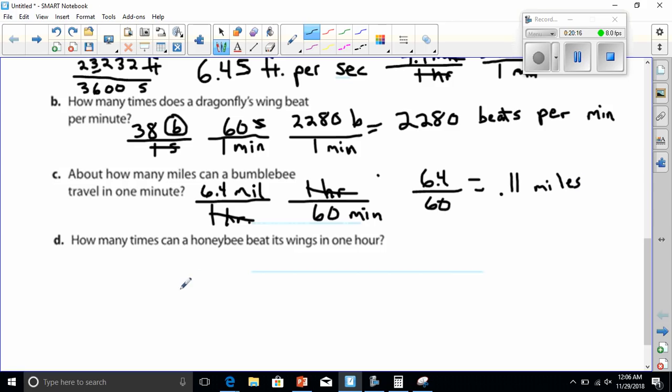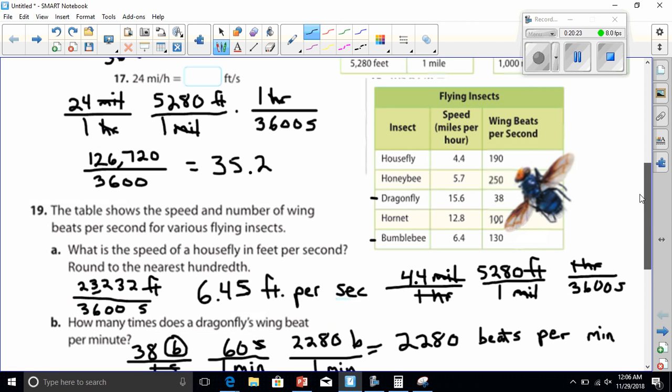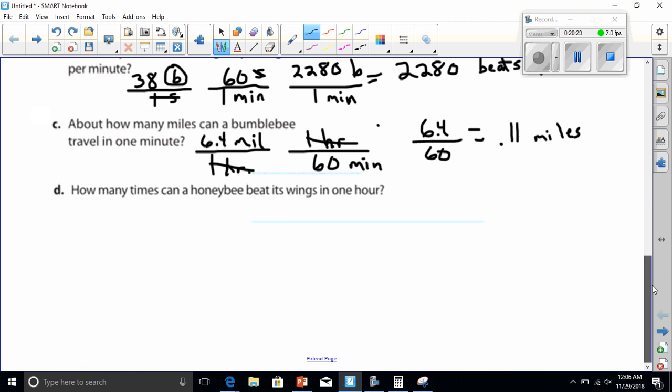All right, the last one. How many times can a honeybee beat its wings in an hour? A honeybee beats its wings 250 times per second. All right, 250 times in 1 second.